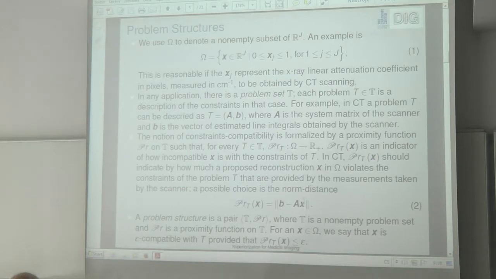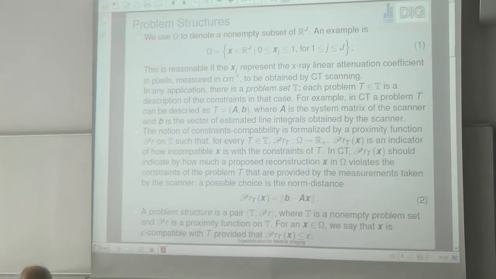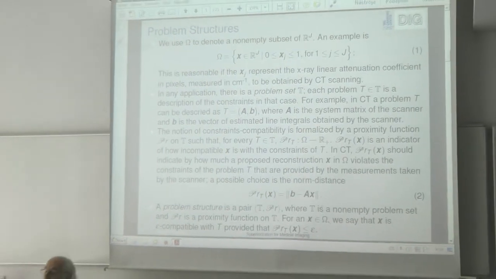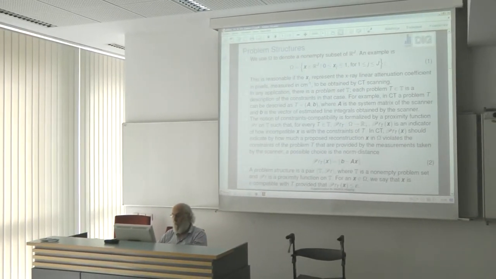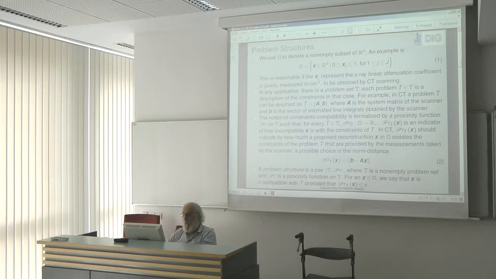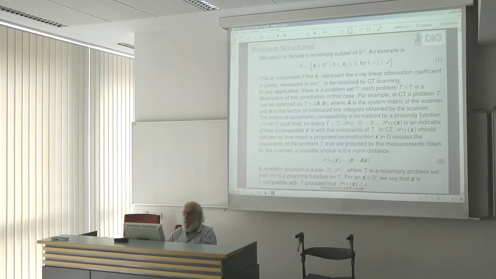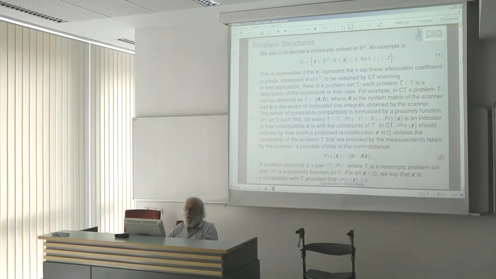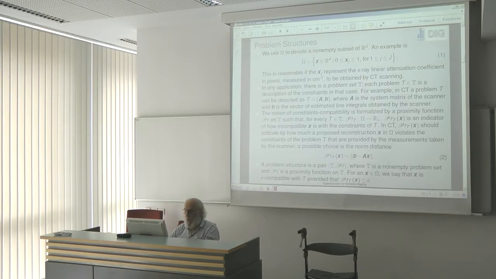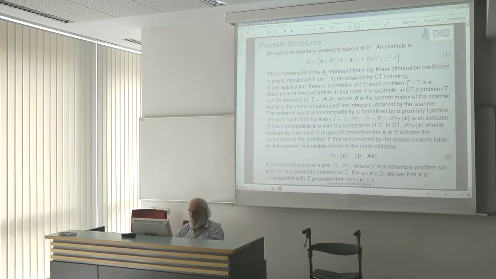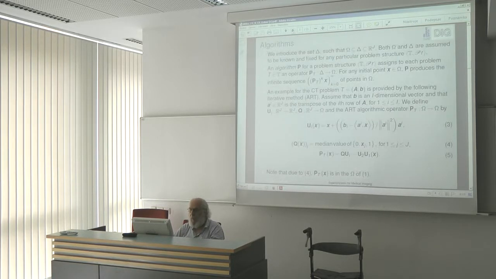If your proposed solution is nothing like what you've been measuring, then this difference would be large. The norm of this difference would be large, and presumably those images for which the norm of this difference is small are at least compatible with the constraint provided by this particular problem. And we'll get to that.